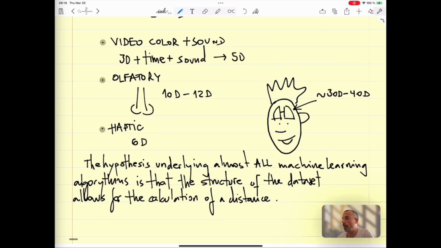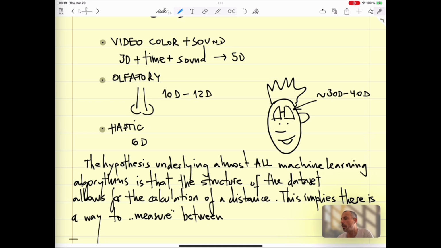This implies there is a way to measure distance between points in space. Okay?